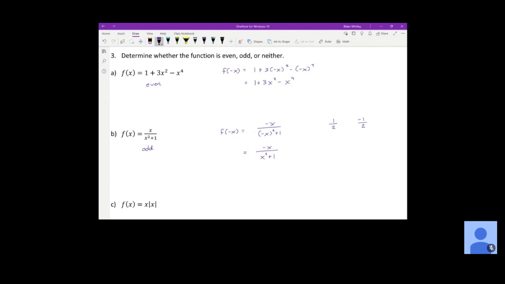Okay, so be really careful with those fractions, right? Just making the numerator or just the denominator a negative and keeping the other one the same actually makes it the opposite. Any questions on that one?